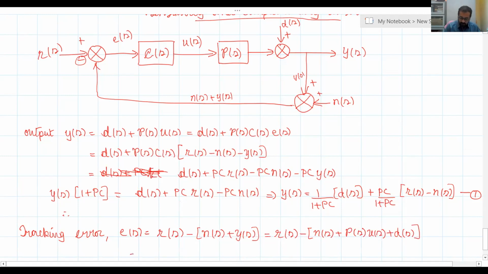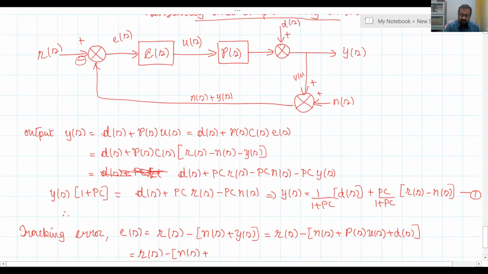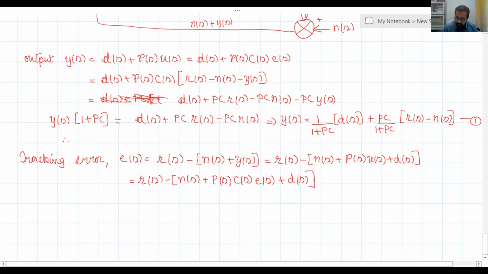Okay, and this can be written as R of S minus N of S plus, what is U of S? It is nothing but C into E of S, the control transfer function C into E of S. So I can write this as P of S, C of S into E of S plus D of S. So I can take this E of S term to the left side.